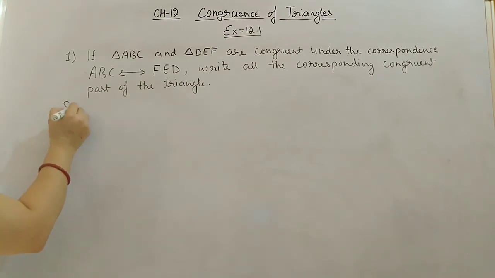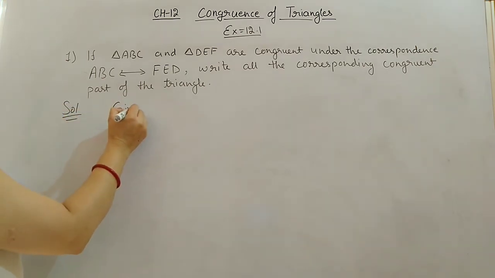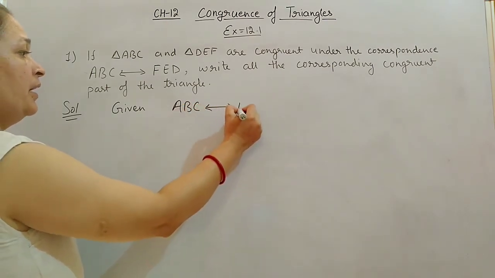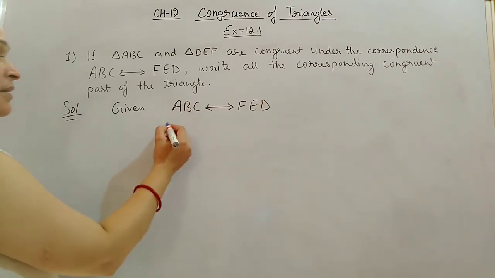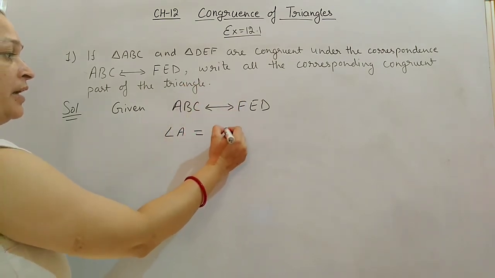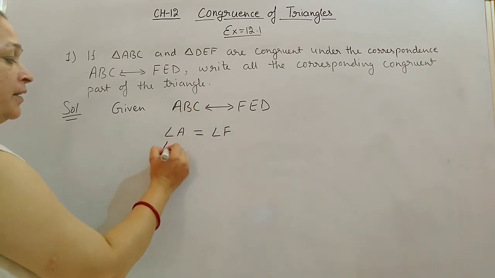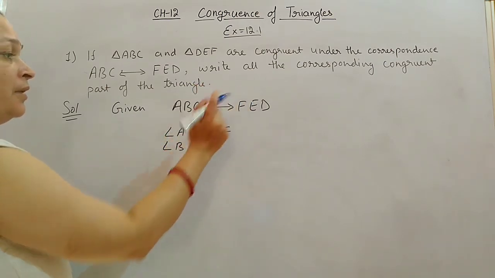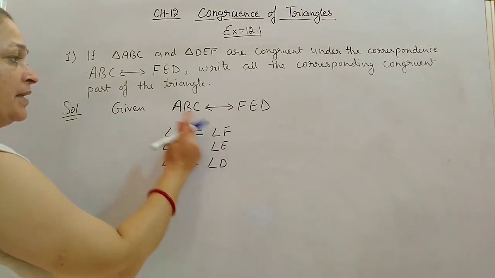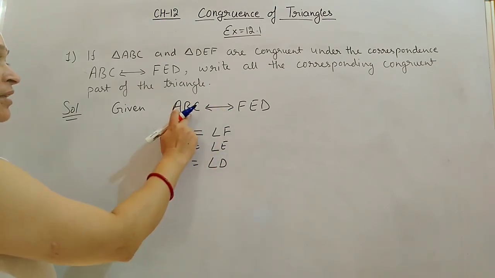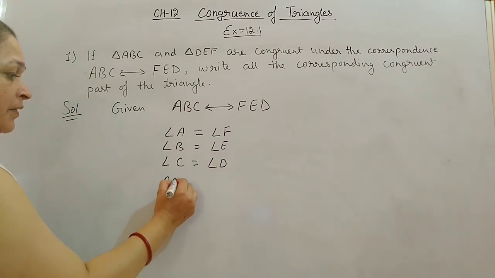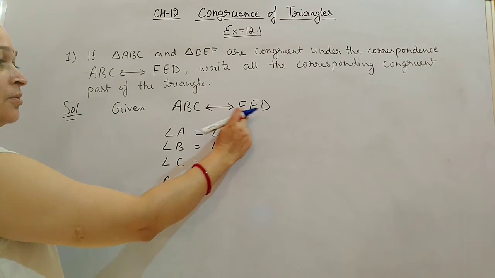So here in this question it is given ABC corresponds to FED. It means angle A is equal to angle F. We have to match in the same order. Then angle B will be equal to angle E. Angle C will be equal to angle D. Same order we have to match: A to F, B to E, C to D. And if we talk about side AB, we are taking the first two, so here FE.